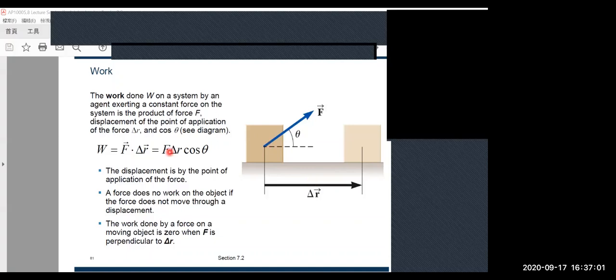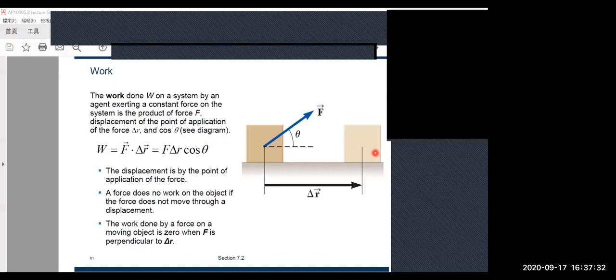The operation of the dot product is mathematically equivalent to the product of the magnitudes of the two vectors and the cosine of the angle in between them. So from this equation, we could understand that if the force is parallel to the displacement vector, then we would expect the maximum size of the work done.